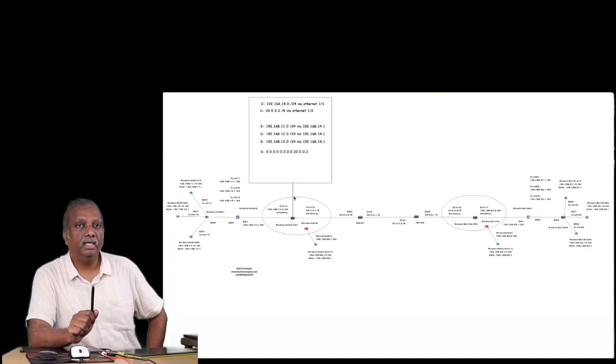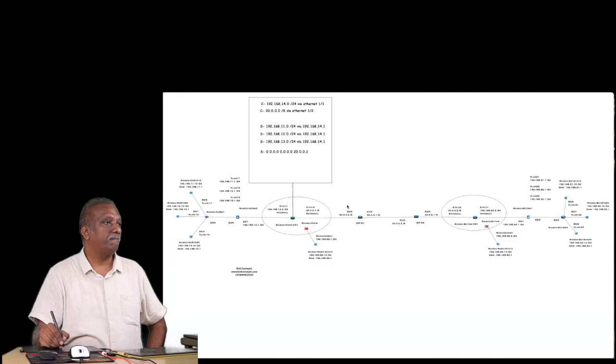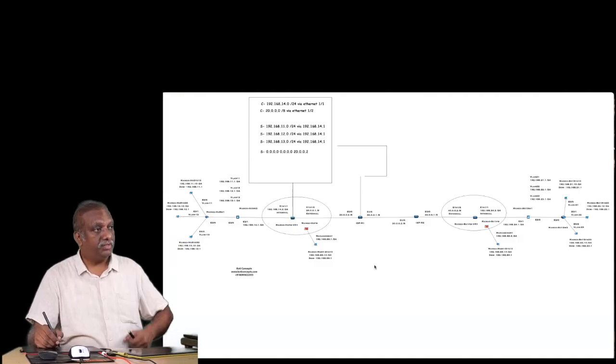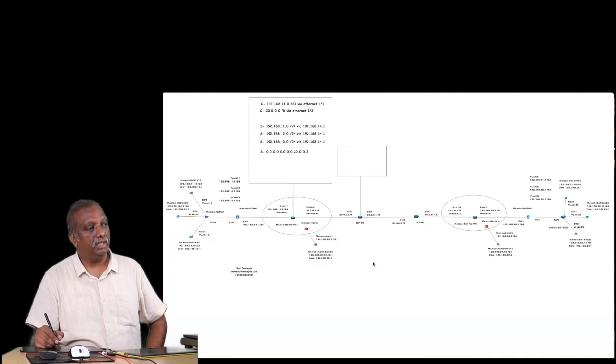We have verified the routing tables of the head office firewall and the branch office firewall. Now, if you see the ISP R1 router, it has a routing table.